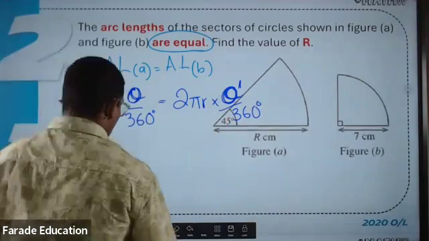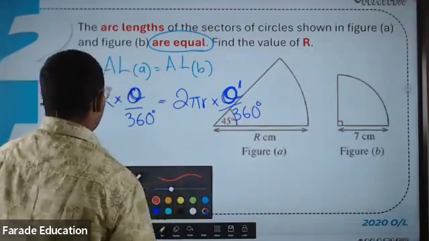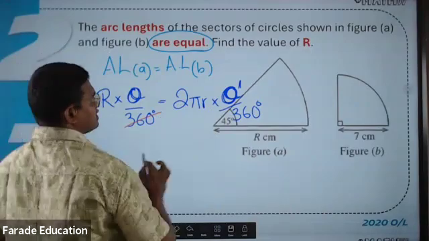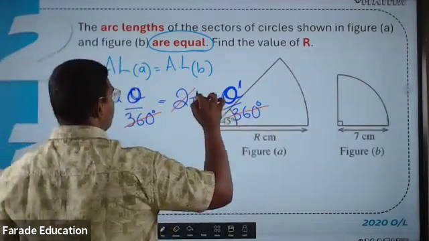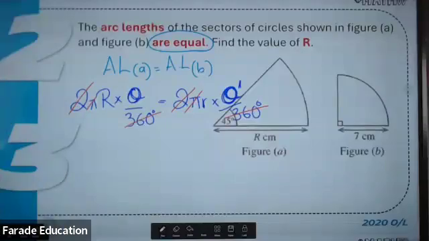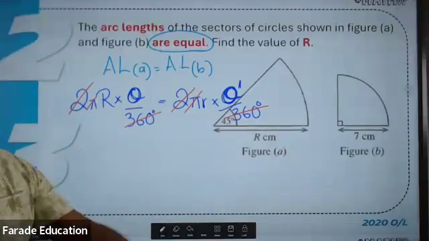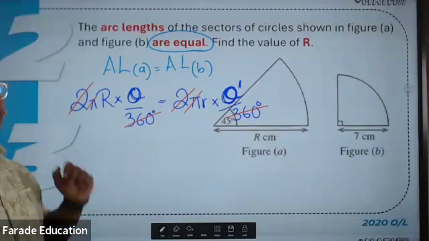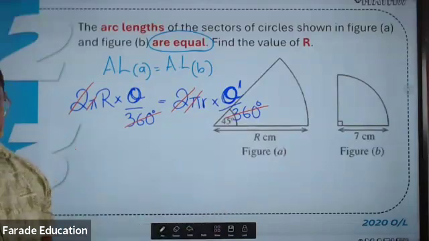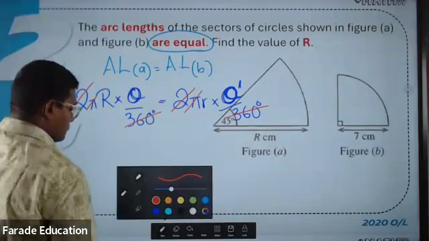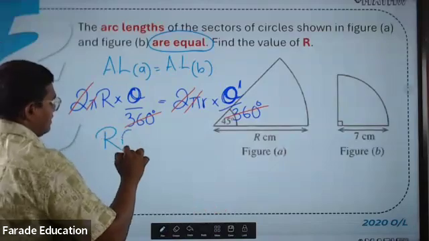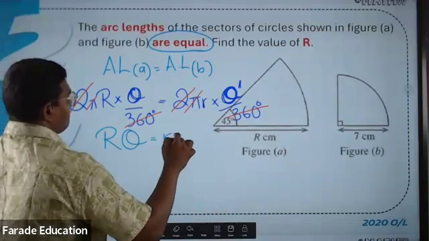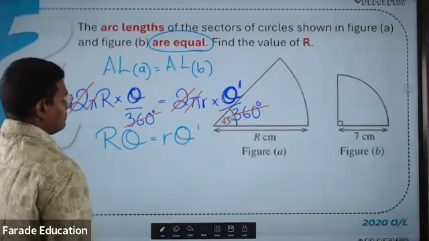Clear? Now I will cut whatever I can cut. 360, 360, cut. 2 pi, cut. This is the advantage when you get everything on one line. Whatever you don't want, you can cut it and remove it. The next one: capital R theta equals simple r theta dash.